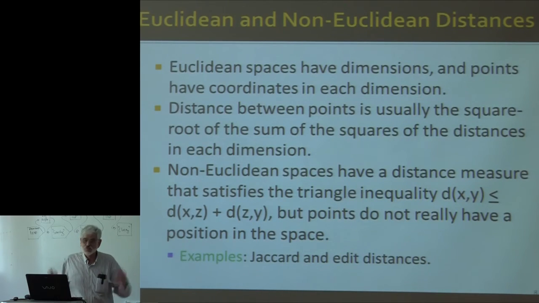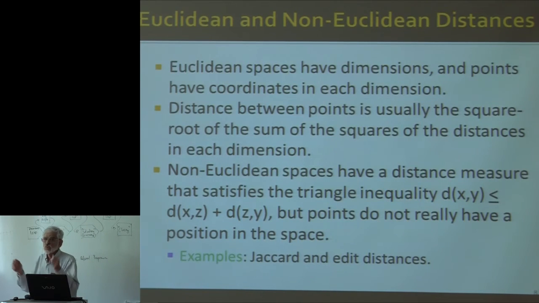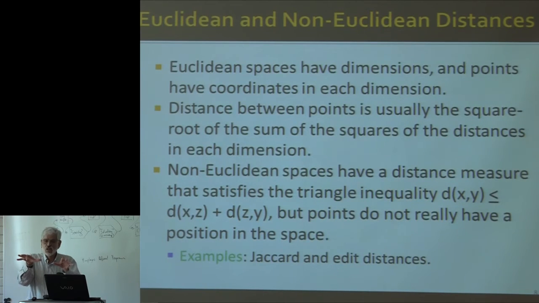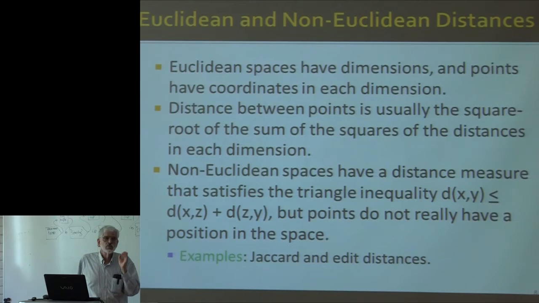All distance measures have to satisfy the triangle inequality, which says the distance between 2 points, x and y, is never greater than the sum of the distances from x to some z, and then z to y. But the trouble is, in a non-Euclidean space, you've got a distance measure, but you don't have any place in the space.